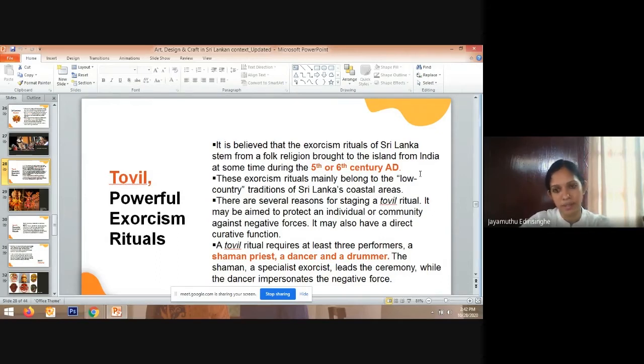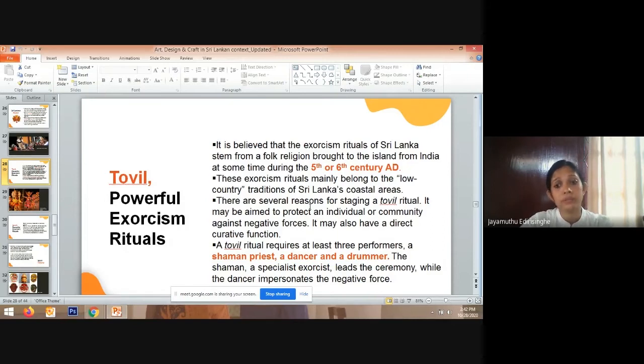These are mainly performed in the Sri Lankan low country, as we call it, which is actually the southern coastal area of Sri Lanka. There are several reasons for staging a Tovil. We call it a Tovil ritual. That is what we call this mask performance, and it is mainly to send away and protect people from negative forces, bad omens and bad devils.